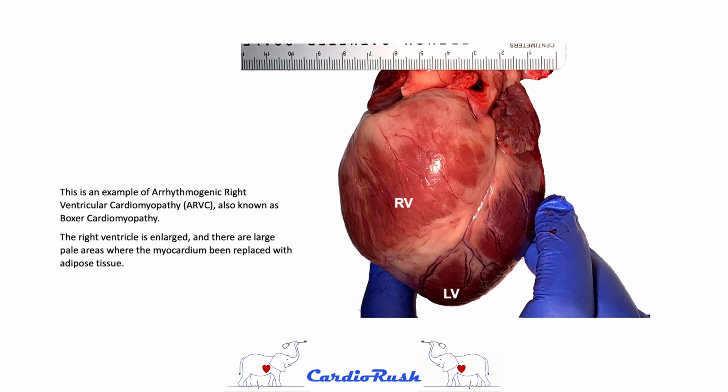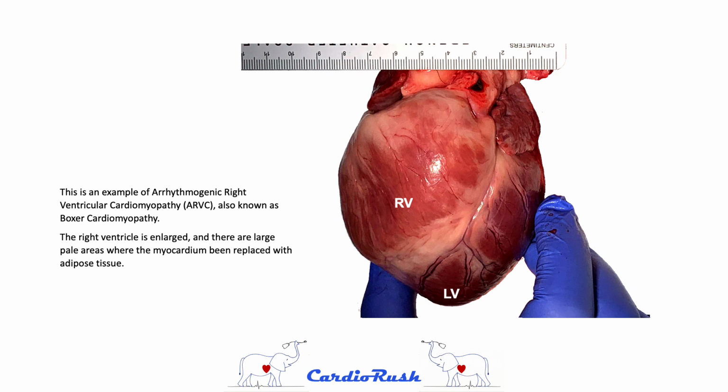The right ventricle is significantly enlarged, and there are large pale areas of the right ventricular myocardium where the myocytes have been replaced with either adipose or fibrous tissue. This is a classic finding in ARVC, loss of RV myocytes and replacement with fibrous or fatty tissue.